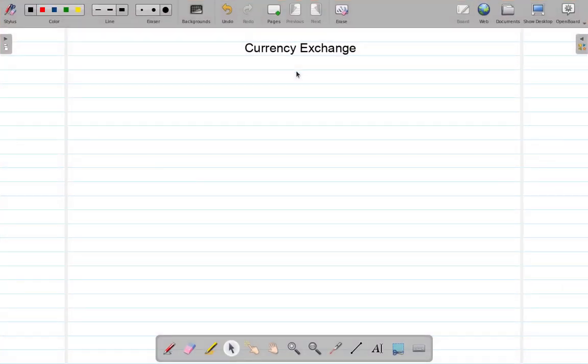We want to look at the topic of currency exchange. Now, most times when I consider currency exchange, I'll be talking about the Jamaican dollar compared with the US dollar. Reason?